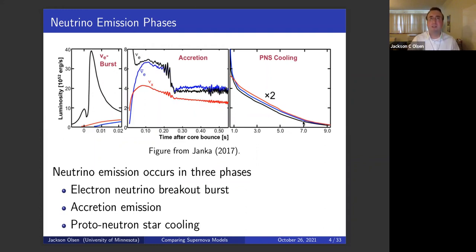And because this depends in large part on the diffusion properties of the protoneutron star, it's also model dependent, but it depends on the equation of state. So we have 3 phases. This first phase, pretty model independent. Second phase depends mainly on the progenitor structure, and third phase depends mainly on the equation of state.